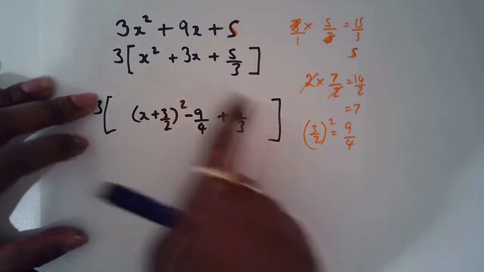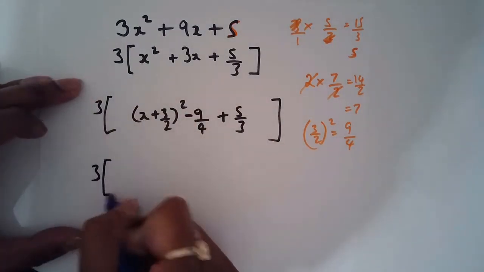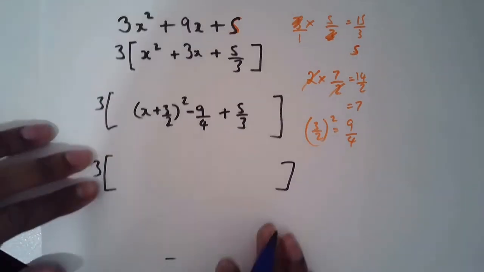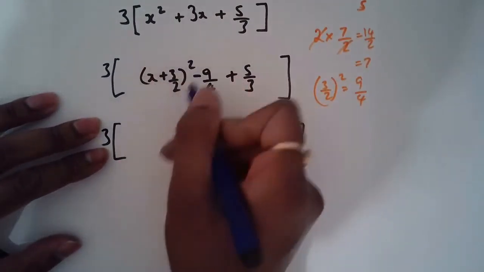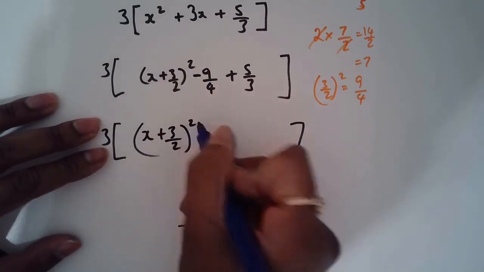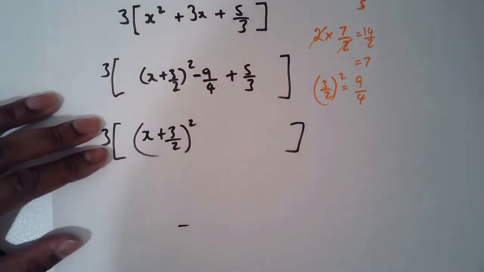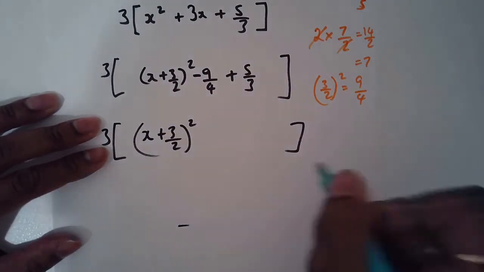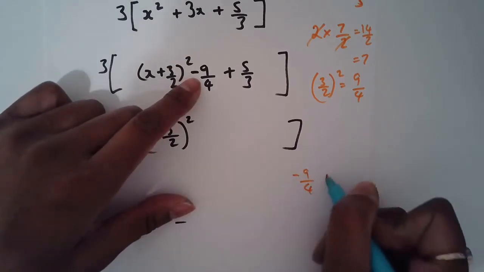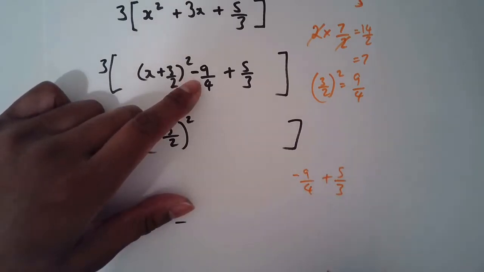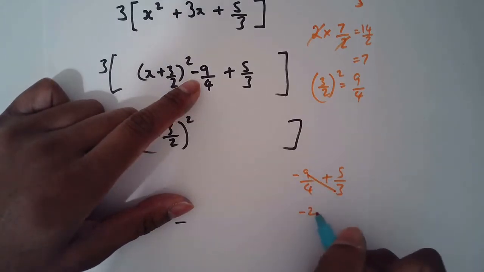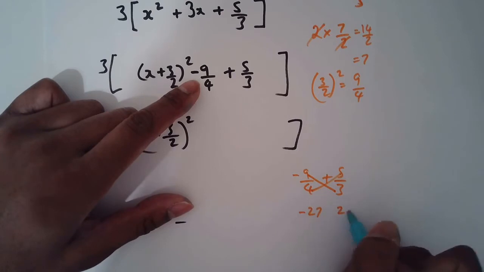I need to simplify all of this now. Keep the 3 outside for the moment. Don't bring the 3 into play at the moment. Just keep it outside. That stays the same. Now this is the bit I need to be worried about. Minus 9 over 4 plus 5 over 3. I'm going to use a crisscross technique here. Negative 9 times 3 is negative 27. 4 times 5 is 20.